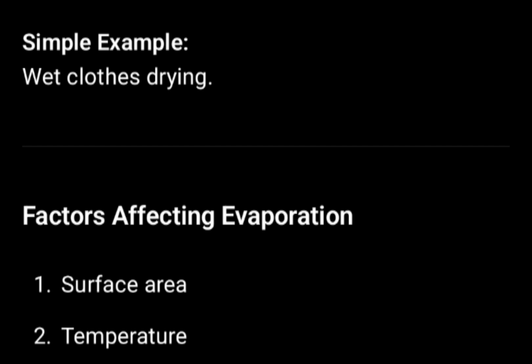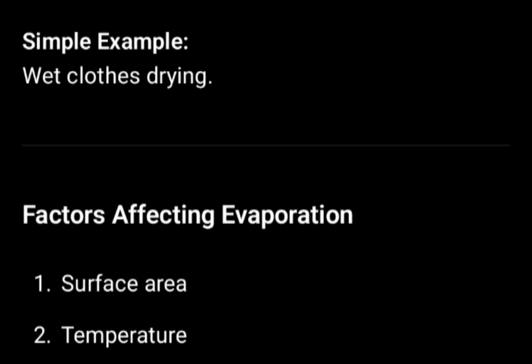But if the temperature is high, like if we have good sunlight, it is easier for it to take place, isn't it? You have noticed during rainy season, the clothes take a lot of time to dry. So temperature is also a part, but even in rainy seasons, evaporation will take place and your clothes will dry, isn't it?